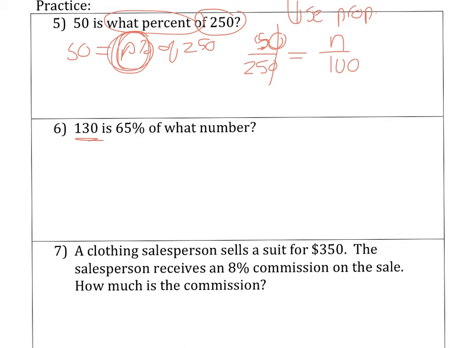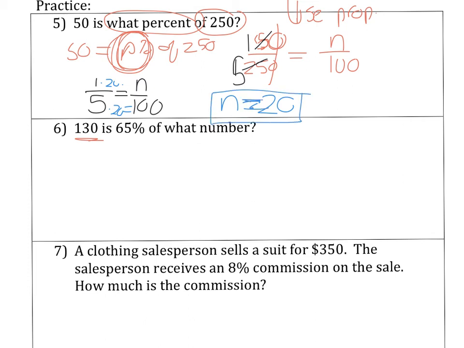Simplify again by dividing by 5, and you get 1 over 5. So our new equation is 1 over 5 equals n over 100. And then the easiest way is to think 5 times 20 equals 100. So 1 times 20 would equal n. N equals 20. Nice, easy method. I would stick to that method of proportions for that problem.